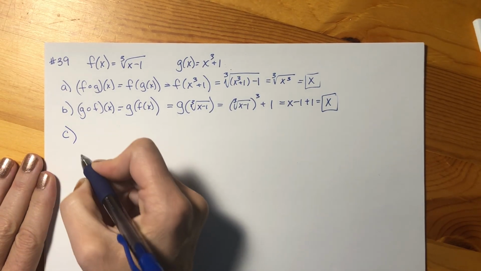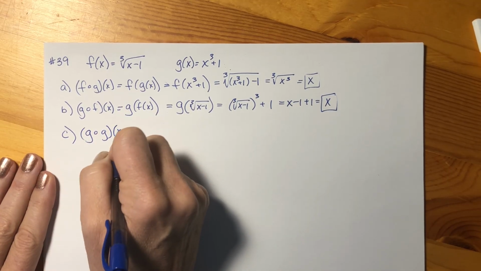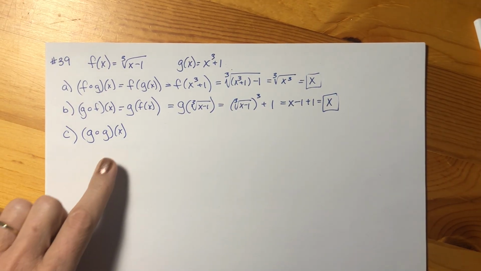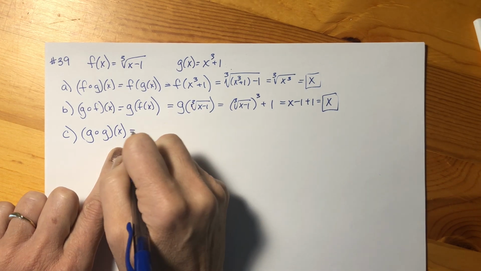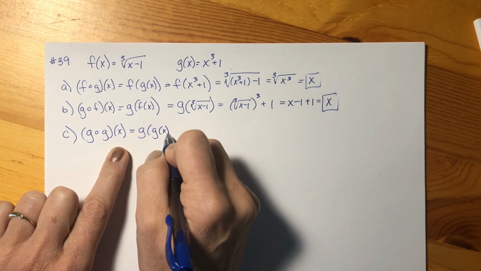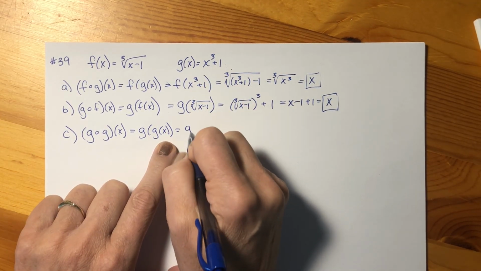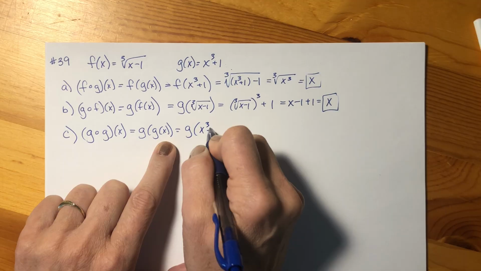Let's do one more. Let's do g of g of x. Oh, this looks like so much fun. Or GOG, I guess you could call it. So g of g of x. Let's start on the inside here, and we have g of x cubed plus 1.